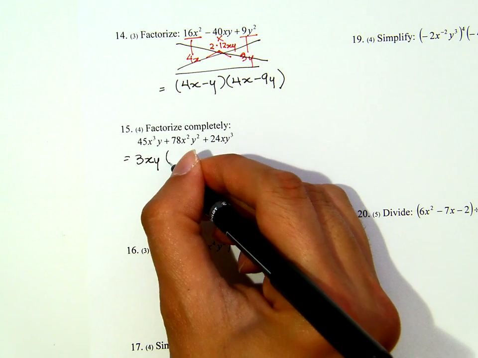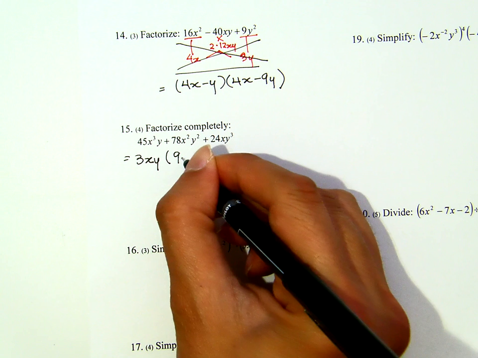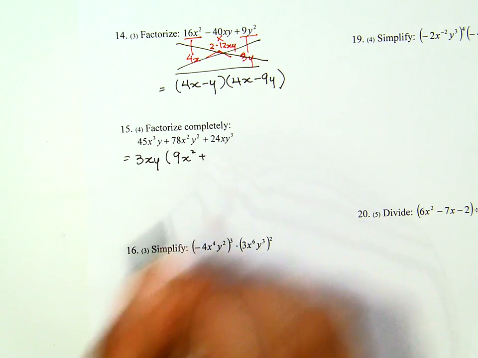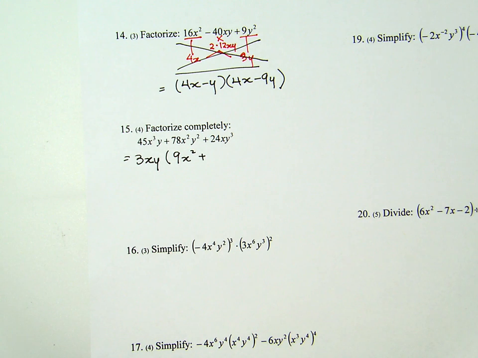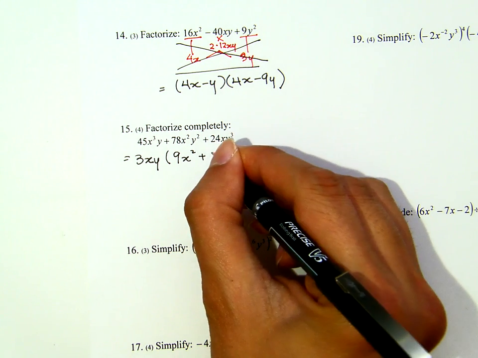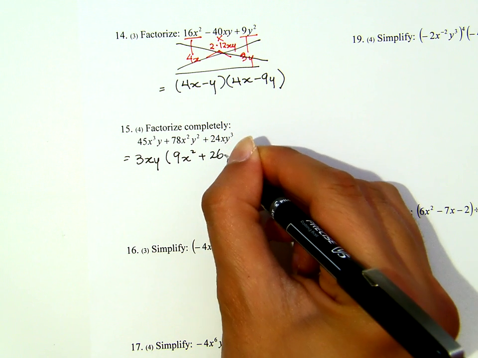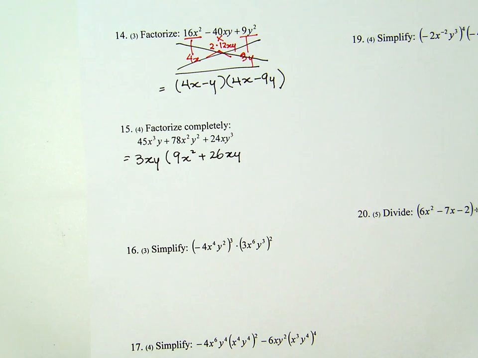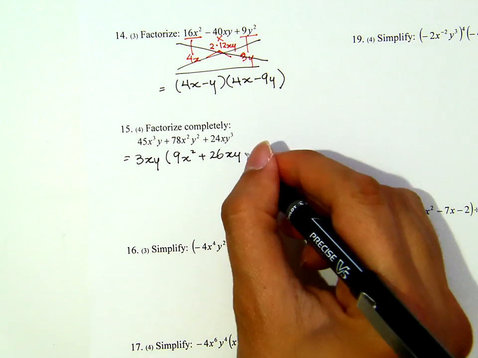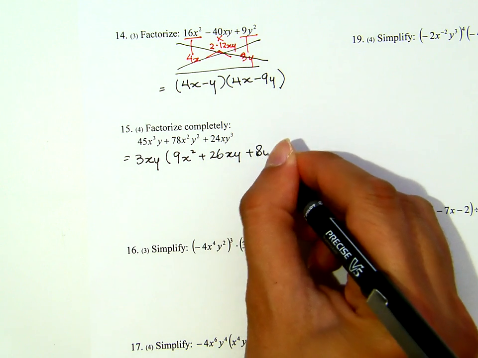Now this way, then I will get 9x squared plus 78 divided by 3, that will be, what's that, 26, plus 8y squared.